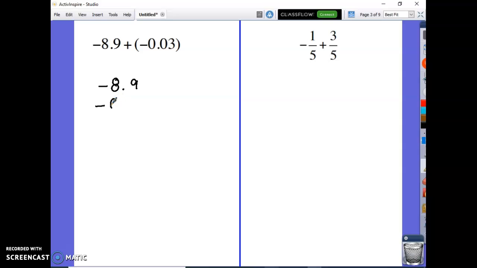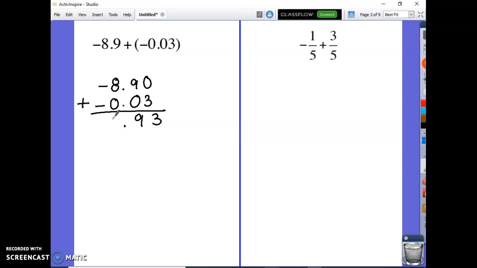That way, we can make sure we're adding the correct numbers together. I'm going to add that 0 there because it doesn't change the actual number, but it will help me add. 0 plus 3 is going to give me 3, and 9 plus 0 is going to give me a 9. I'm going to transfer my decimal place down.